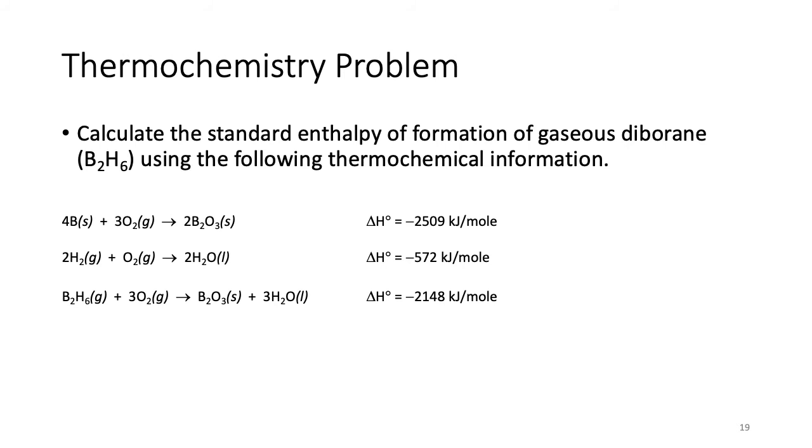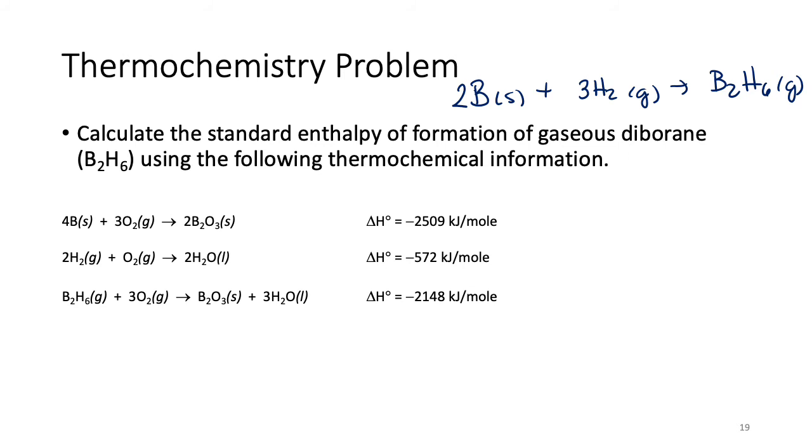So I have boron plus 3 hydrogen gases. Boron is a solid, hydrogen is a gas, and I'm making B2H6 in the gaseous form. So I look at my first equation.